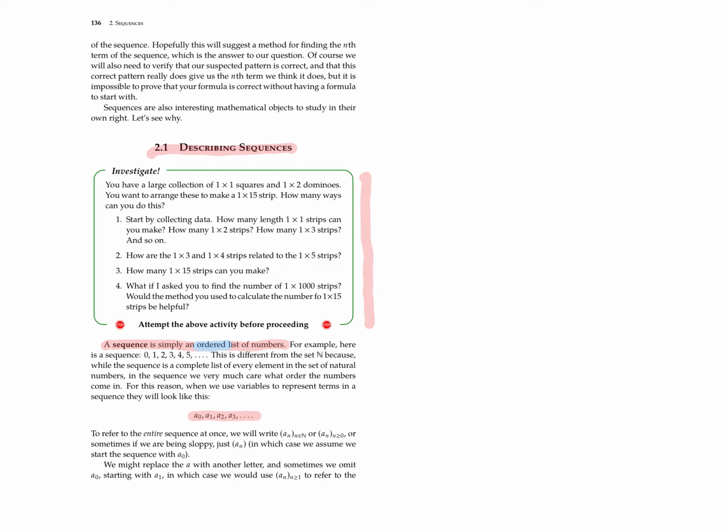So to refer to the entire sequence at once, we will write an, where n is natural. So that's how we're going to refer to sequences. The entire sequence is given by that, or sometimes, if we are sloppy, we just use an, in which case we assume that we start at a naught.